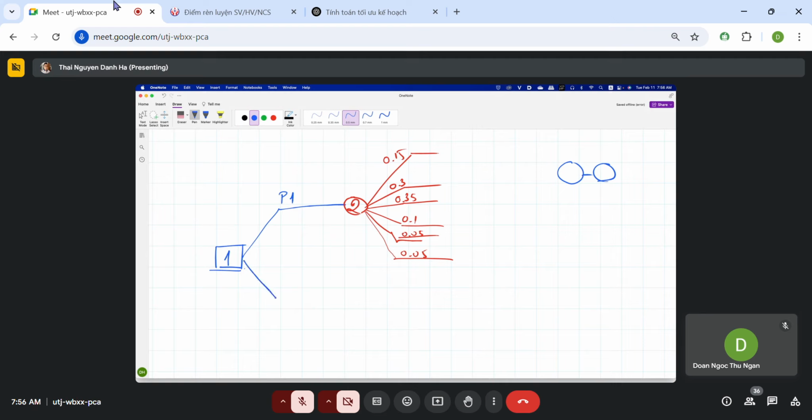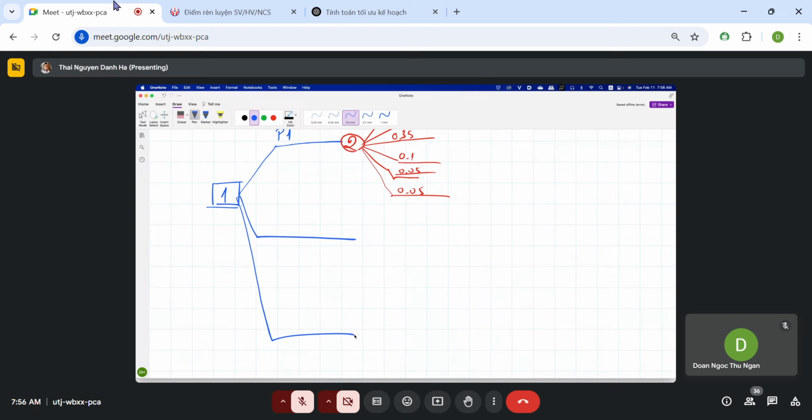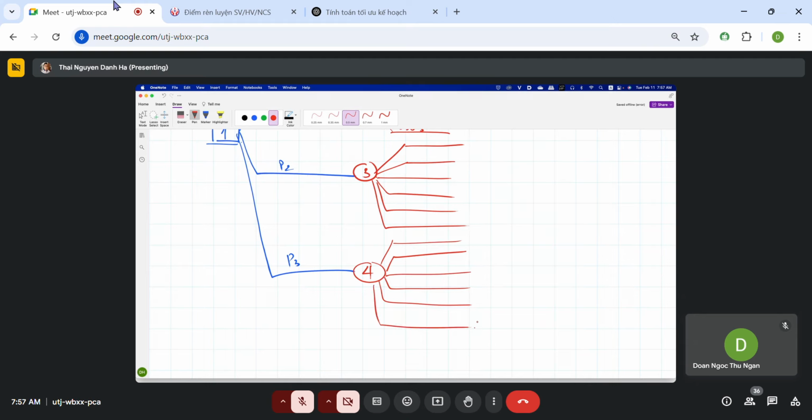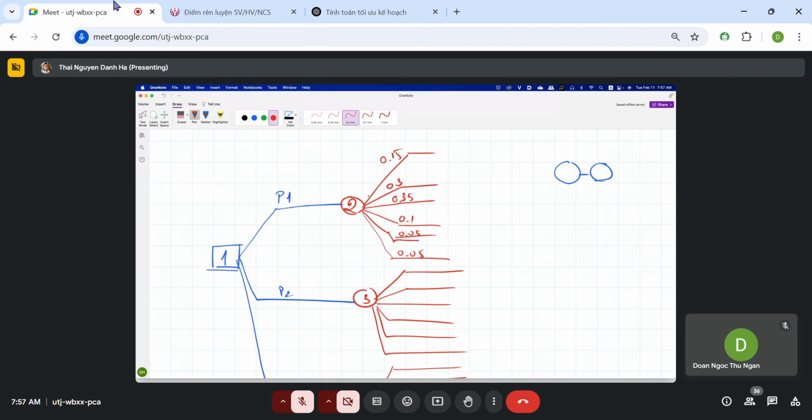And this is the node of plan number two, number three, which is plan two and three, with the probabilities for the states of nature the same as the other one above. 1, 2, 3, 4, 5, and 6. 1, 2, 3, 4, 5, and 6 with the same probability here.